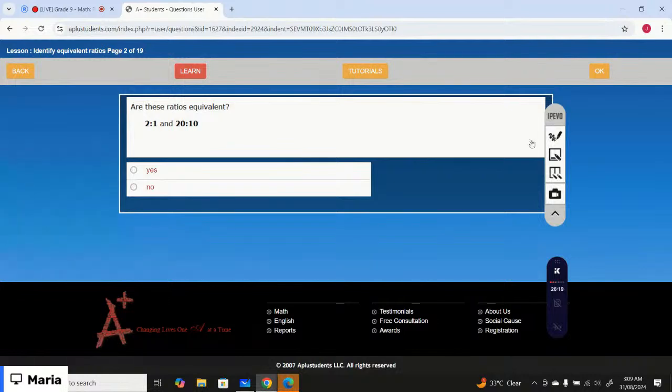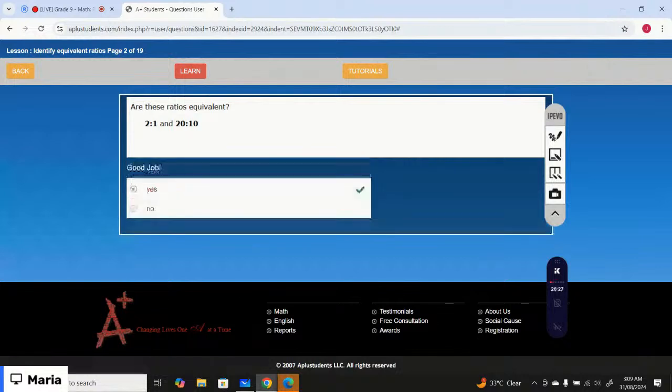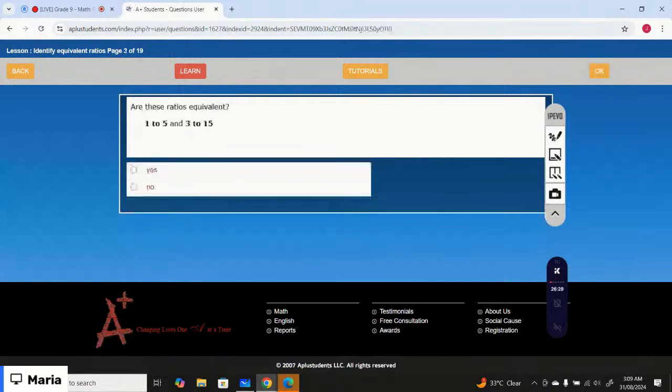They are equivalent. Are these ratios equivalent? 1 to 5 and 3 to 15? So which is the correct option?